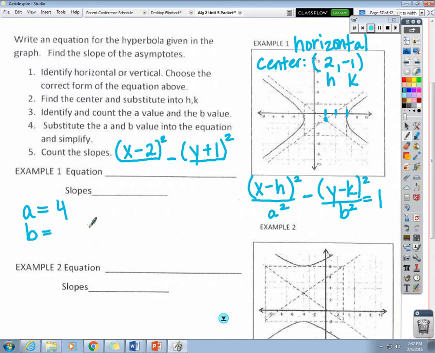Now, b value from the center of the hyperbola up to the top of the box is 3 units. Okay, so now what will the denominator be under this x minus 2 squared? 16. What will this denominator be? 9. Okay, since we're dealing with a horizontal hyperbola, the slopes are going to be plus or minus 3 over 4 because b over a.